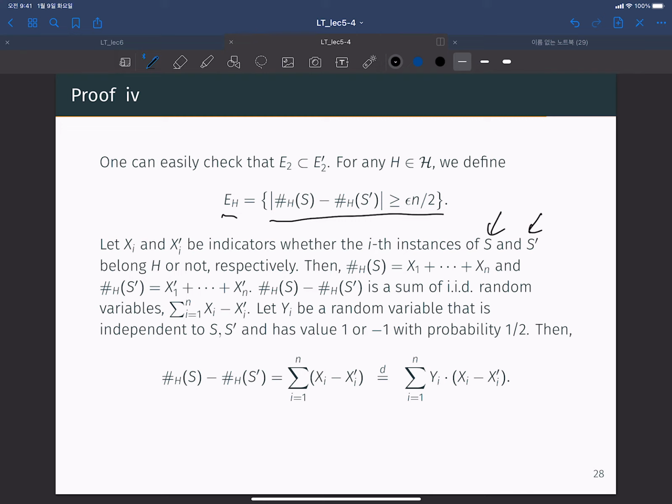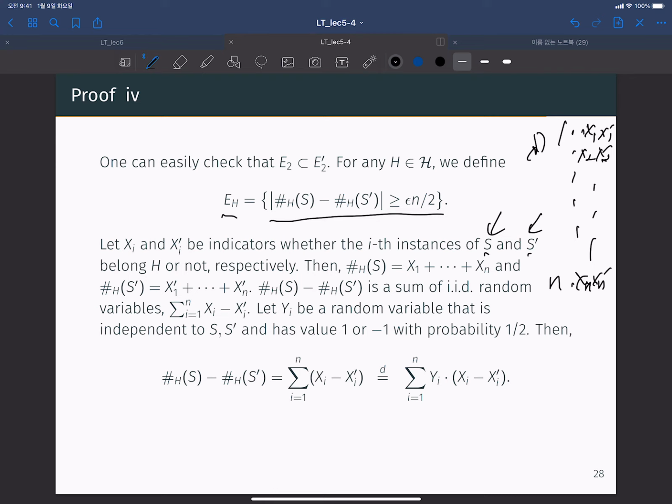Each training set is generated from our random process, or random coin tossing, by D. So we can think of the training sets S and S prime as both sequentially generated from time 1 to time n. So this is x1 and x1 prime, this is x2, x2 prime, up to xn, xn prime.